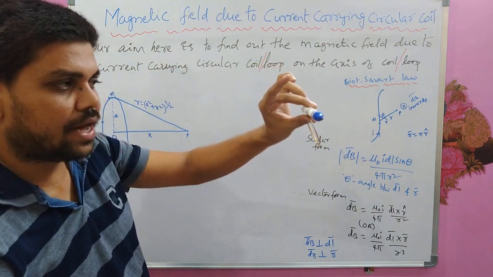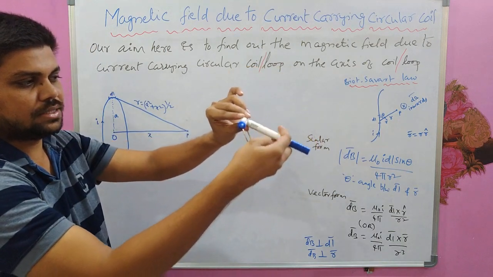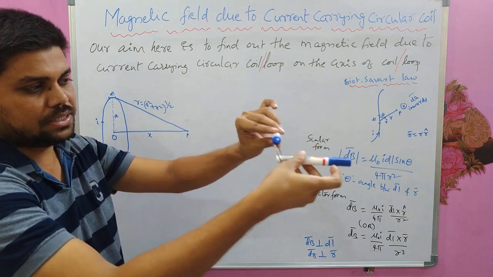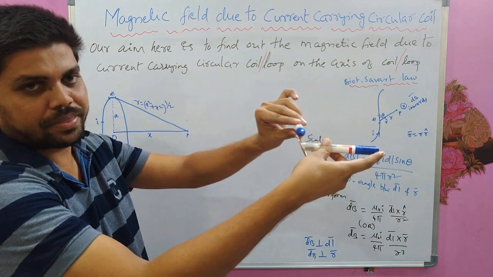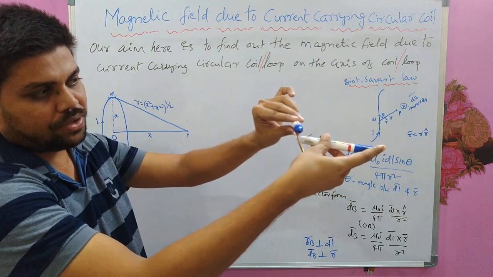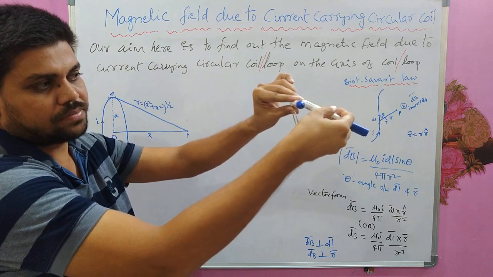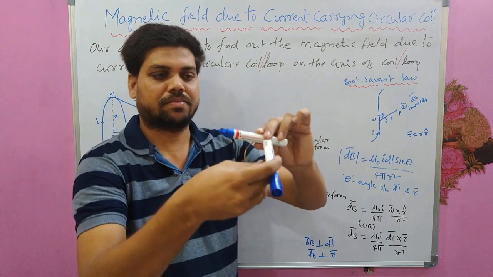Okay, this represents that, for example. And dr, r bar will be like this, because this is the axis of the coil. P is here somewhere, and for that P you are taking R bar from DL this way.